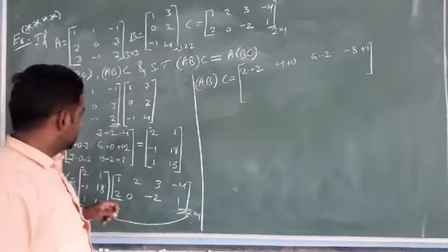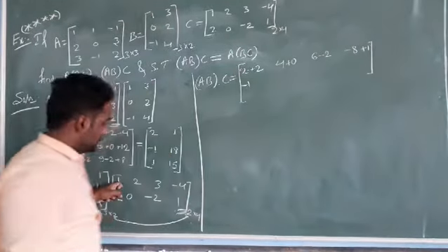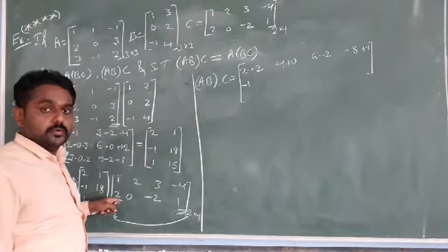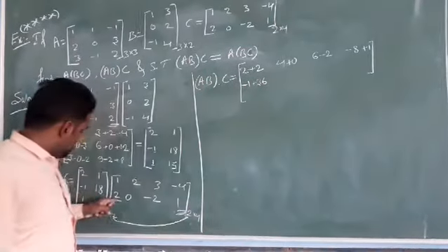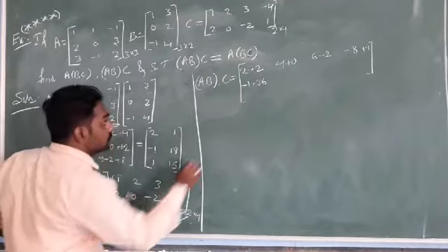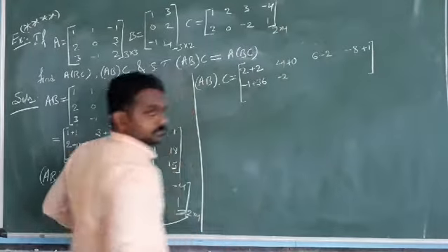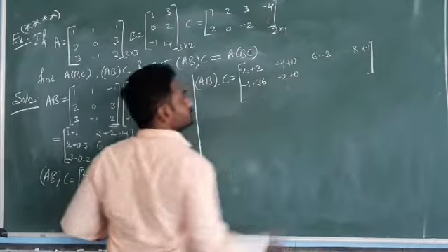Next friends, minus 1 into 1, that is minus 1. 18 into 2, that is plus 36. Minus 1 into 2, minus 2. 18 into 0, that is 0.